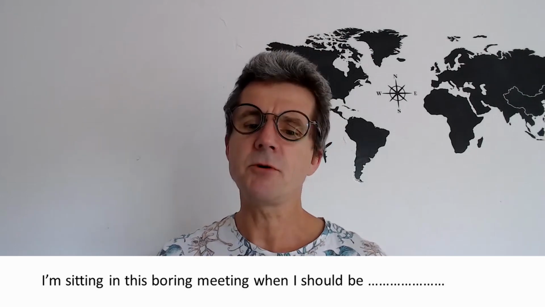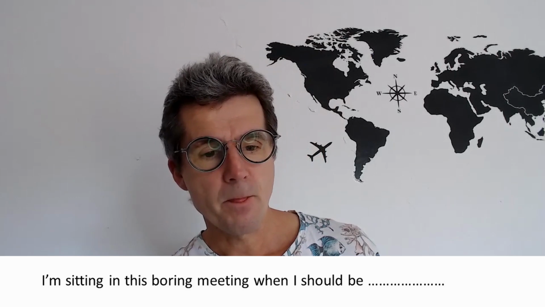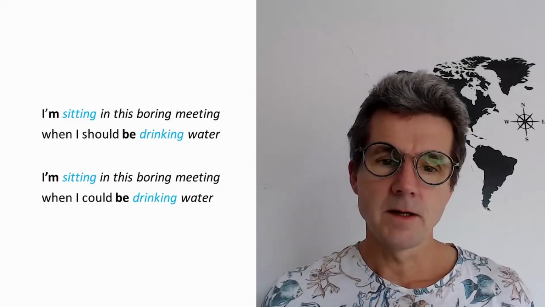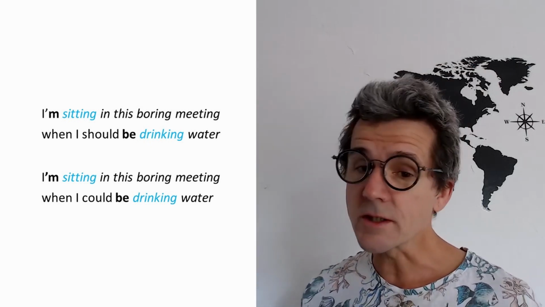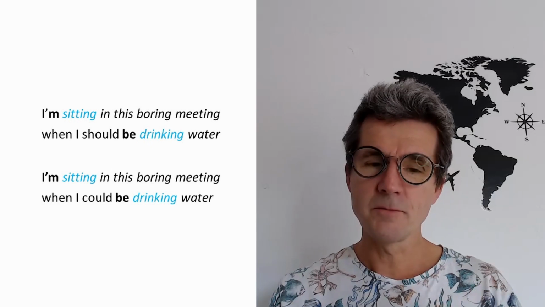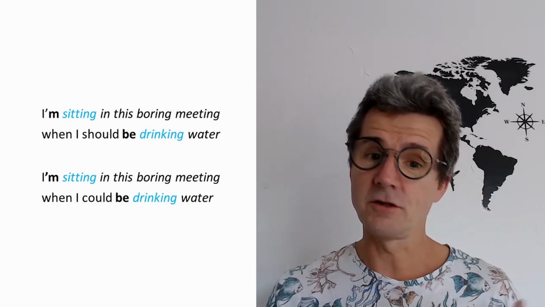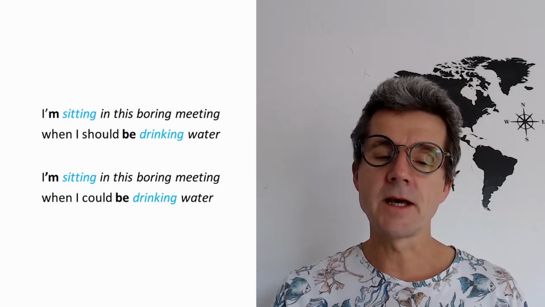I'm sitting in this boring meeting when I should be. I'm sitting in this boring meeting when I should be drinking water. So in this sentence, you can see there are two actions. One is a real action. So I'm sitting in this boring meeting. That action is happening now.